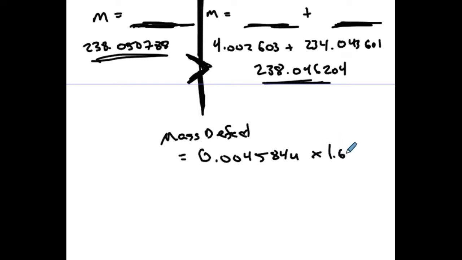I'm going to times that by 1.66 times 10 to the minus 27 times the speed of light squared. And this is how much energy is given off through a nuclear reaction. And so I've calculated that there is 6.848 times 10 to the minus 13 joules of energy being given off.